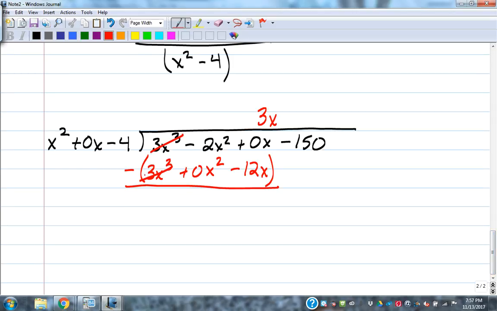X cubes cancel. Negative 2x squared minus 0x squared is negative 2x squared. 0x squared minus negative 12x, yeah, it makes it a positive 12x. Good. Bring down the next piece.